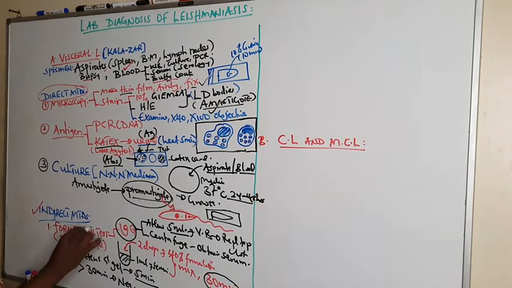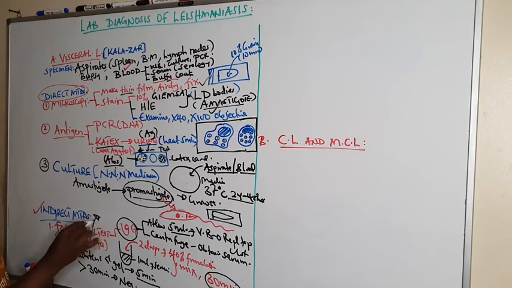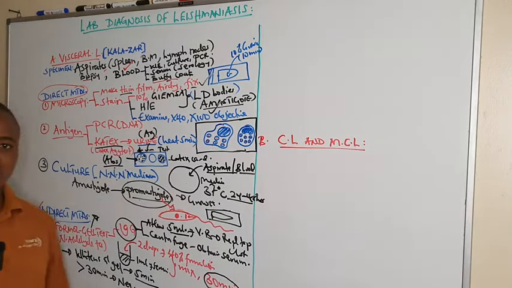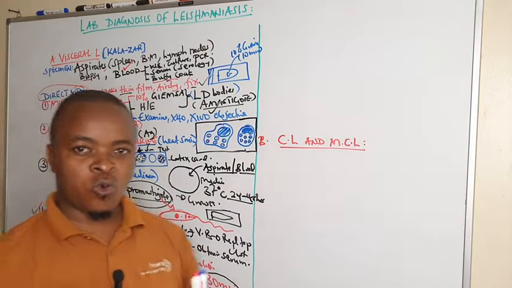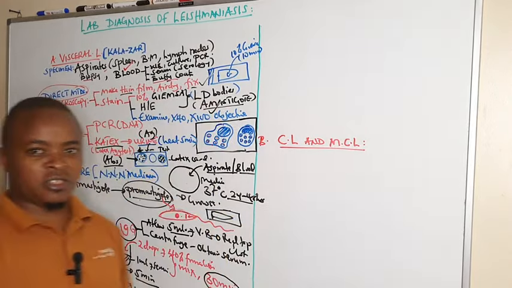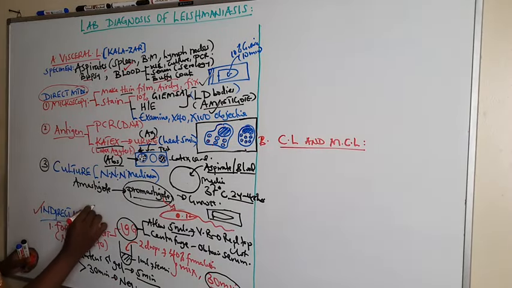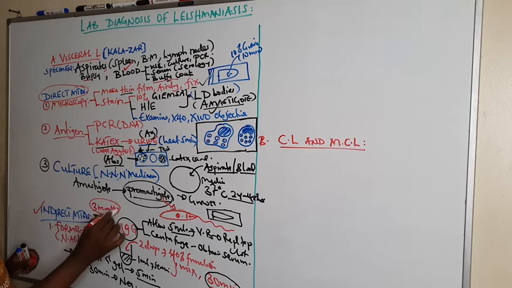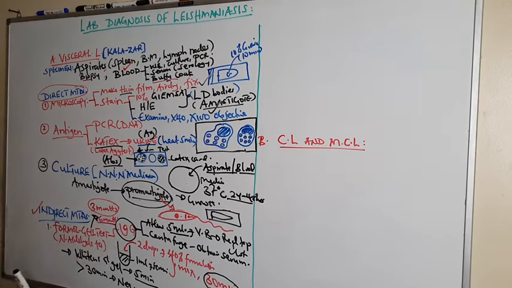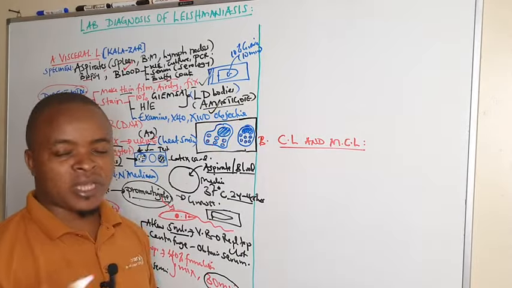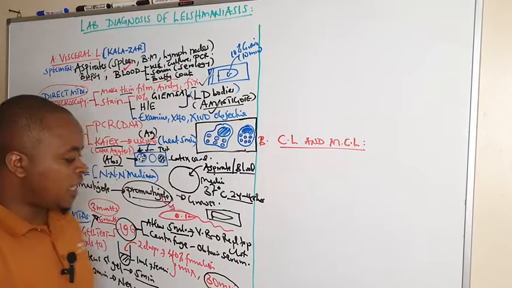But this test is non-specific, so you cannot know whether someone has a current infection or a past infection, because it becomes positive after 3 months, and when you treat someone fully, it remains positive for 6 months after recovery.